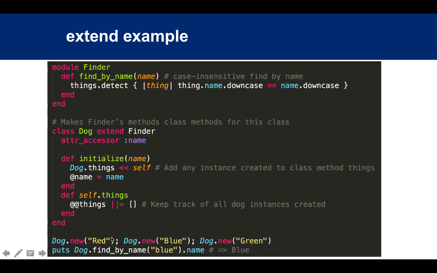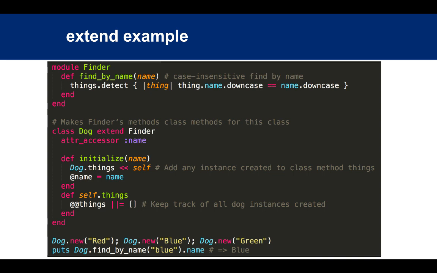And now let's say you want to search through those dog instances. So let's say you have red, blue, and green dog instances, and then you want to call find by name on the dog class, right? So in this case, it's not a dog instance, it's the dog class that you're calling the find by name method on.